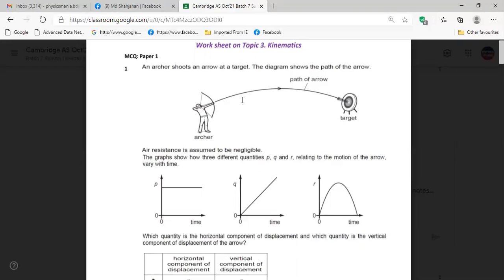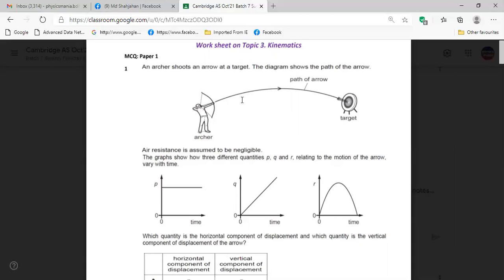For the vertical one, at the beginning we have some speed, and that speed is gradually decreasing, right? Yes, sir.